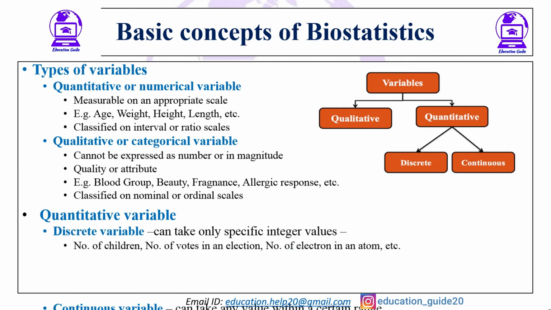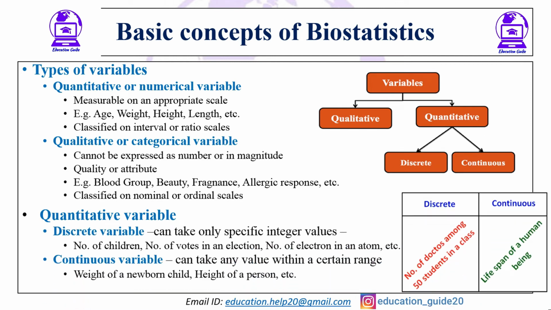Quantitative variables can in turn be divided into discrete variables and continuous variables. Discrete variable can take only specific integer values, that is 1, 2, 3, 4, and so on. No decimal values are possible for discrete variable.